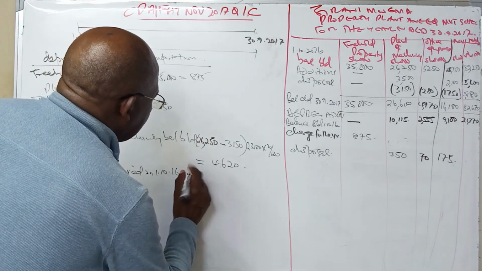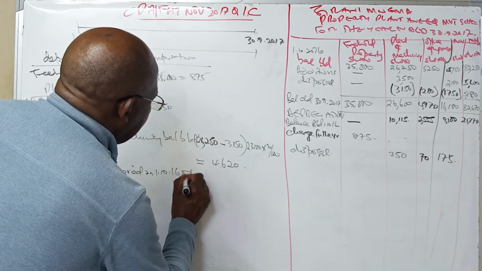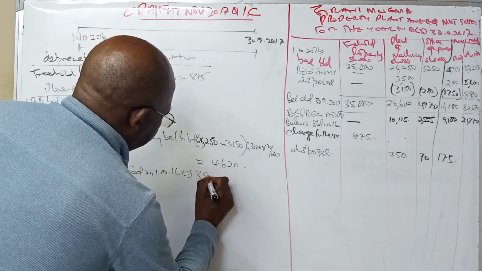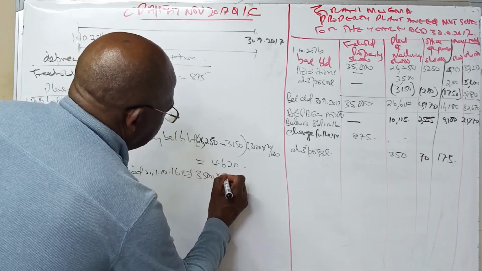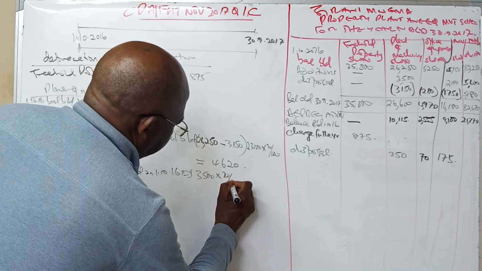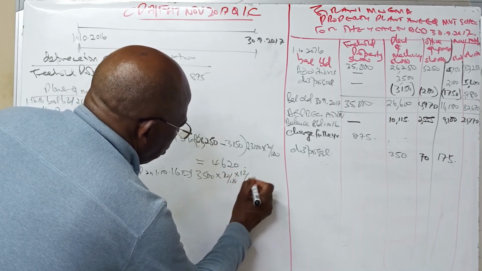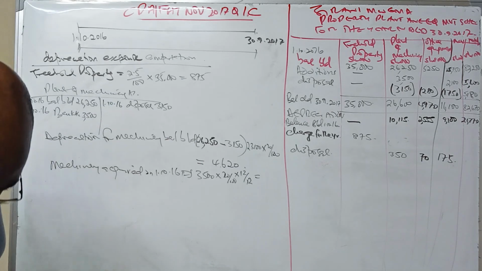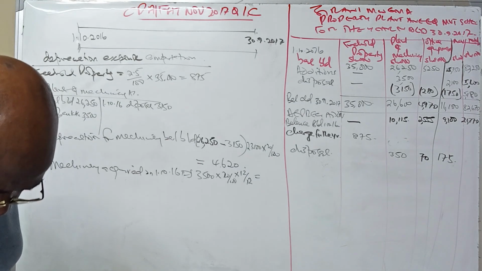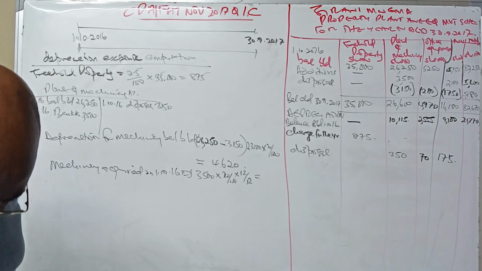So depreciation is 3,500 times 20%, but we are using them for 12 out of 12 months. So 3,500 times 0.2, we get 700.